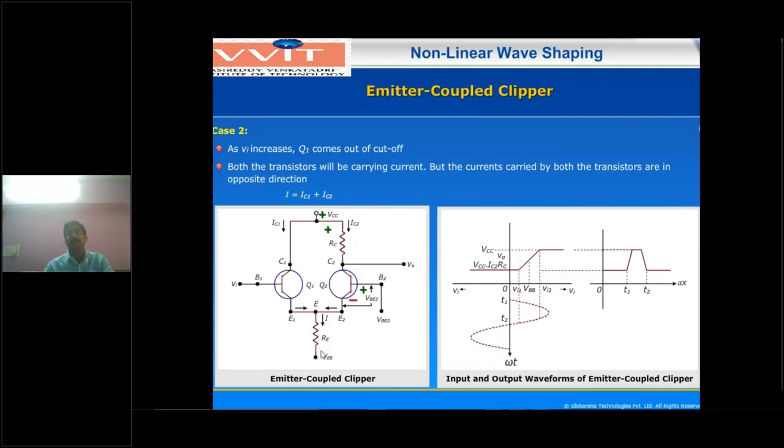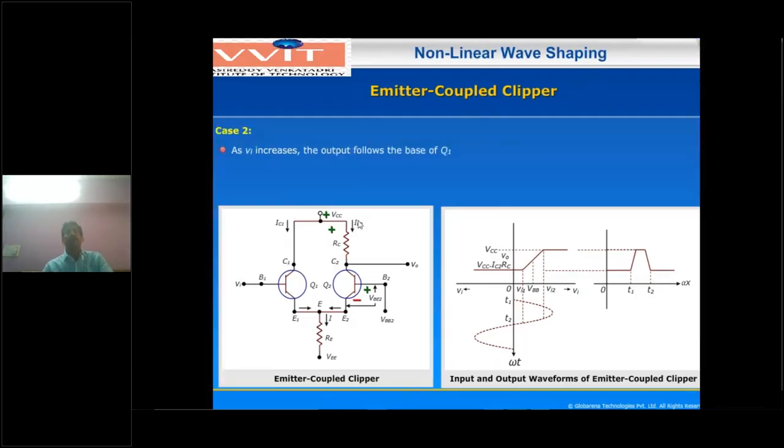Both currents come through RE. Now the RE current I equals IC1 plus IC2. Actually it is IE1 plus IE2, but base currents are almost negligible. That's why IE1 is almost equal to IC1, and similarly IE2 to IC2.